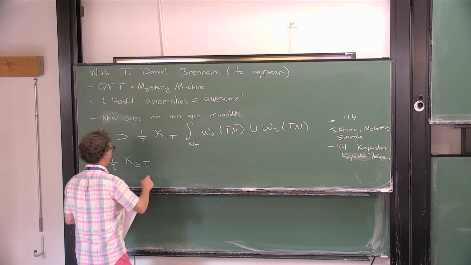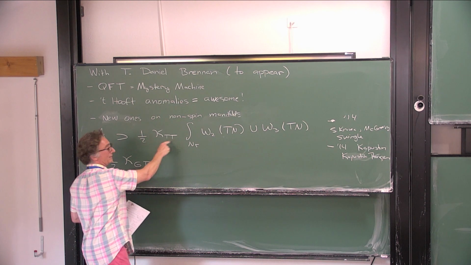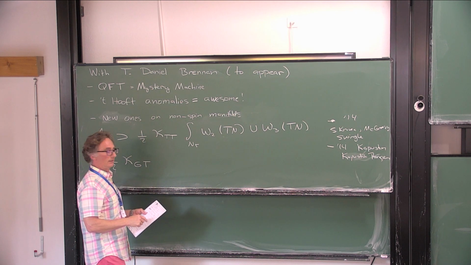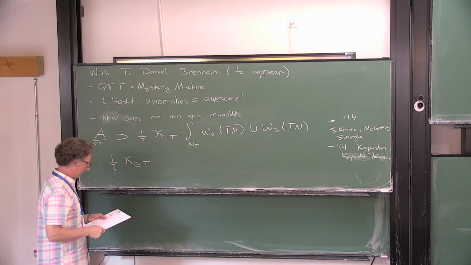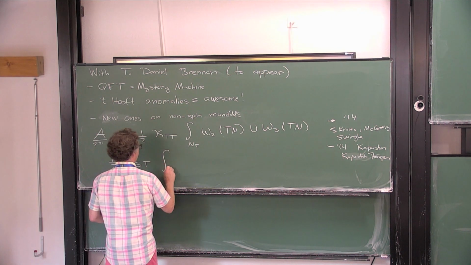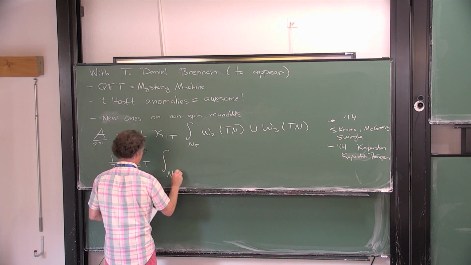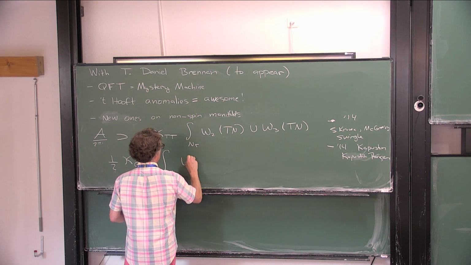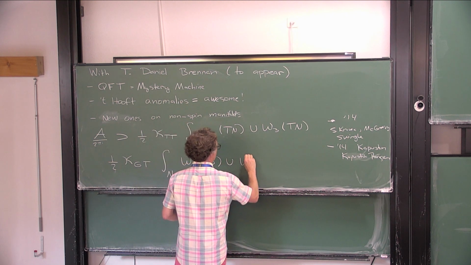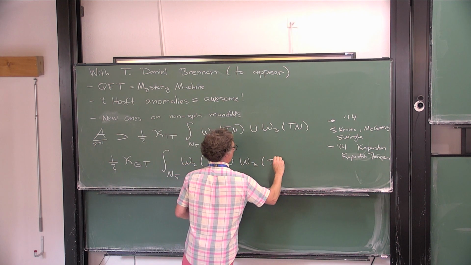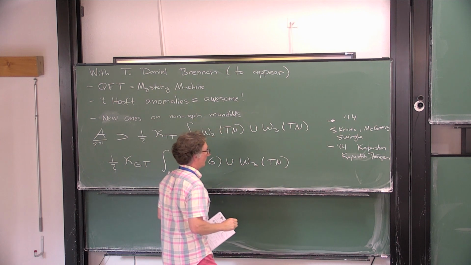This has to do with gravity. So this is like a purely gravitational anomaly. We can think about this as a mixed anomaly between the gauge group and gravity. Again, it's over some N5, a Stiefel-Whitney class for the gauge group, and then a gravitational piece.